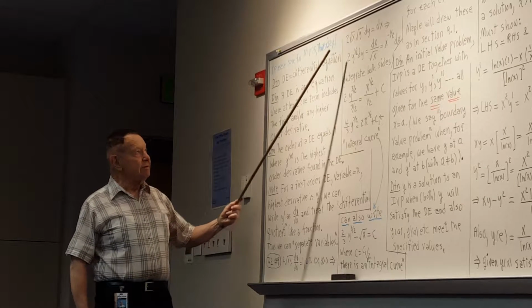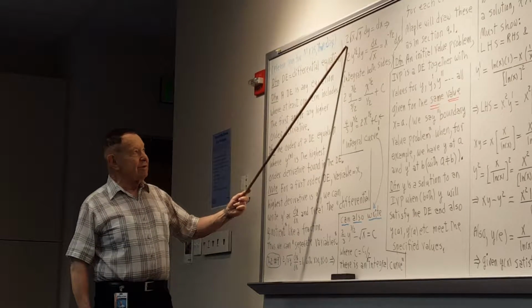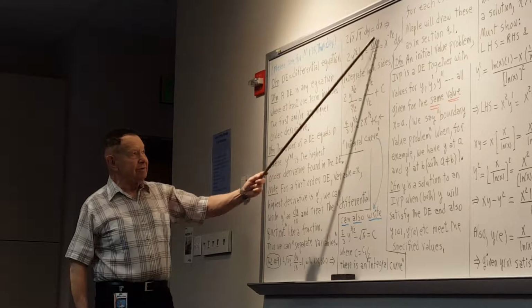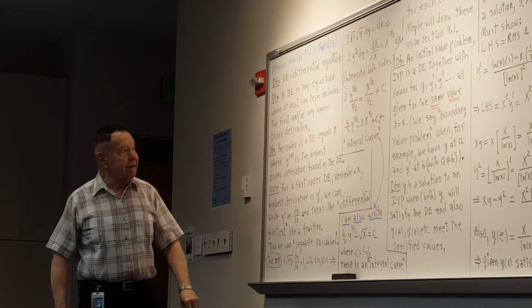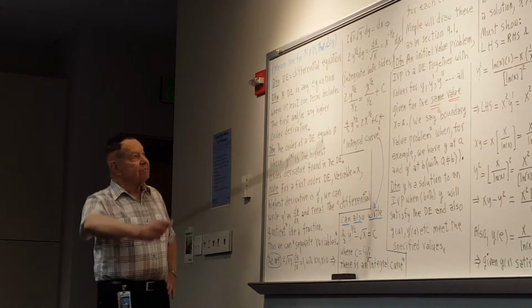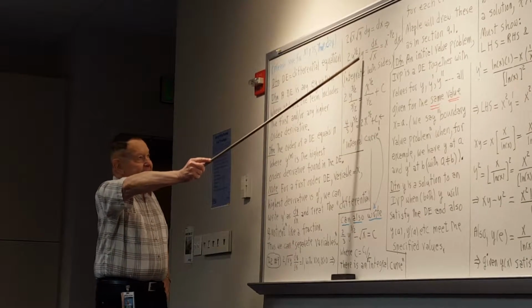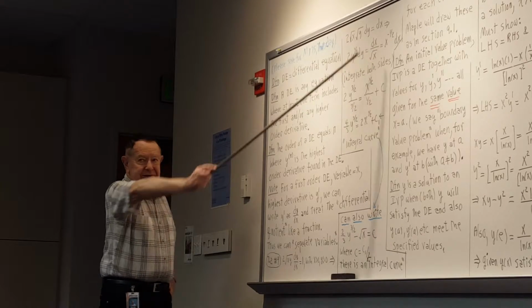And it wouldn't matter whether you left the 2 on the left or put the 2 down here in the denominator. You could do that either way. So now I have separated the variables.